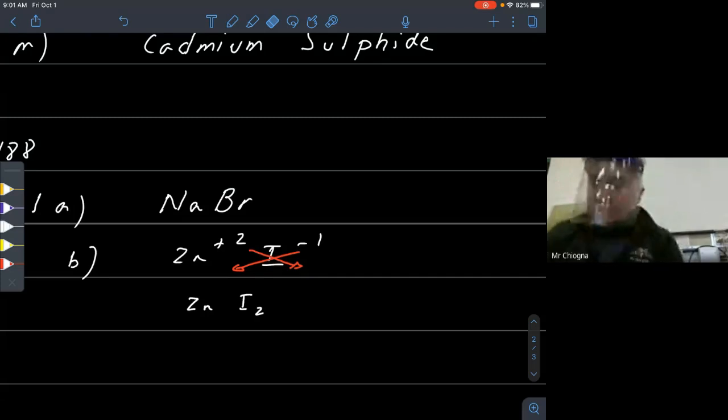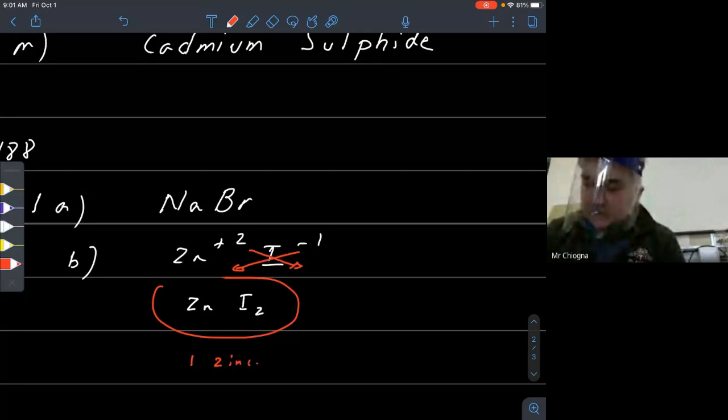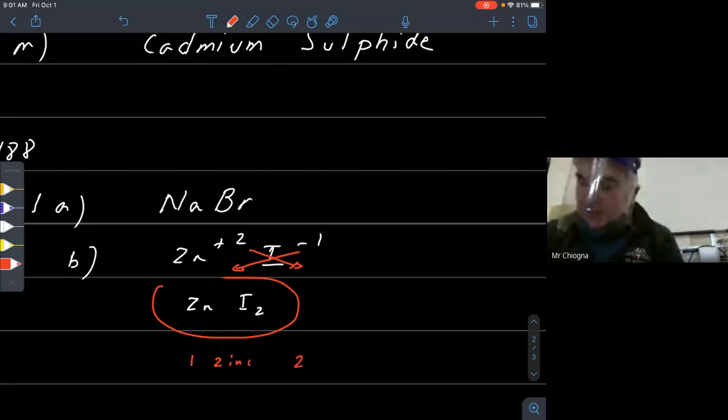What does this mean? It means one zinc. For every one zinc, there's two iodide.